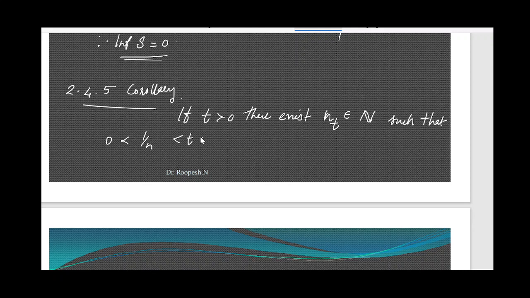What's the meaning of this? If t is greater than 0, then we can find a natural number whose reciprocal is less than that t. I repeat, if t is a positive real number, then we can find a natural number whose reciprocal is less than the real value.